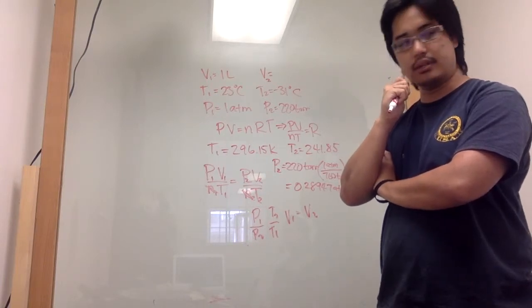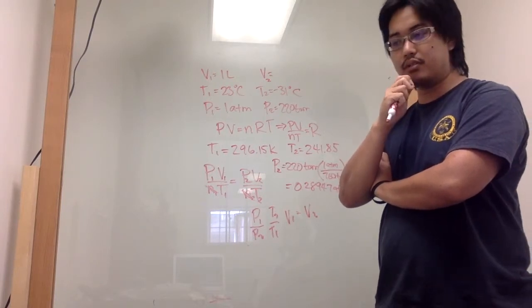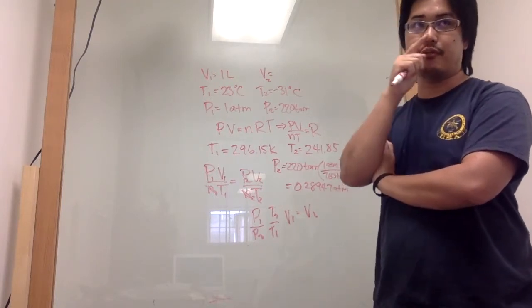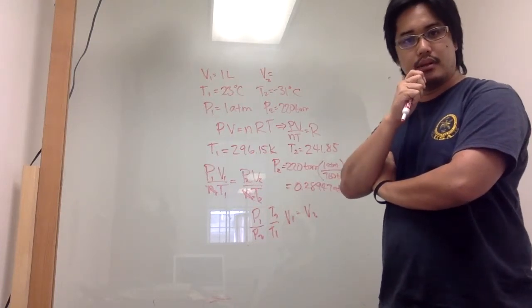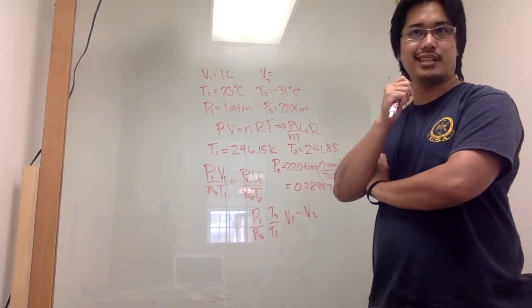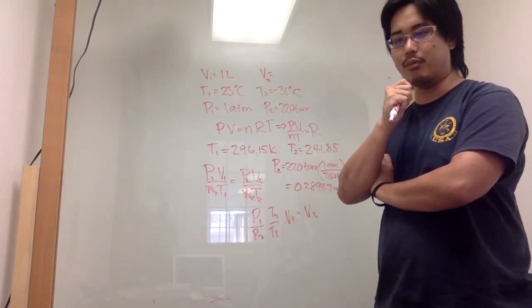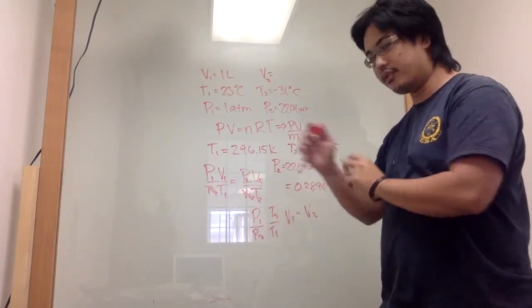All temperature when dealing with gas has to be in Kelvin. If I gave it to you in Fahrenheit, you would probably have to convert it from Fahrenheit to Celsius and then Celsius to Kelvin. Luckily for us, converting from Celsius to Kelvin is pretty easy. You just add 273.15.